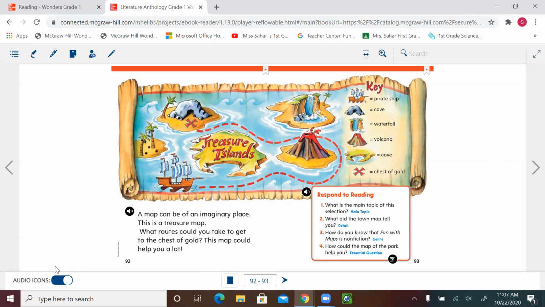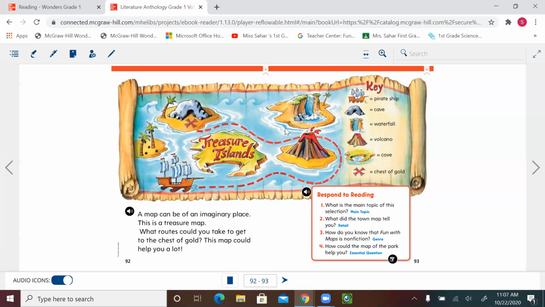So this map can be an imaginary place, a place that doesn't exist, but you just put it on a map or put it on a paper and draw it, because remember, a map is a drawing, and then you do your key symbols here. So when you have a picture of this pirate ship, that means this is the pirate ship. If I have a picture like that, that means this is a cave.